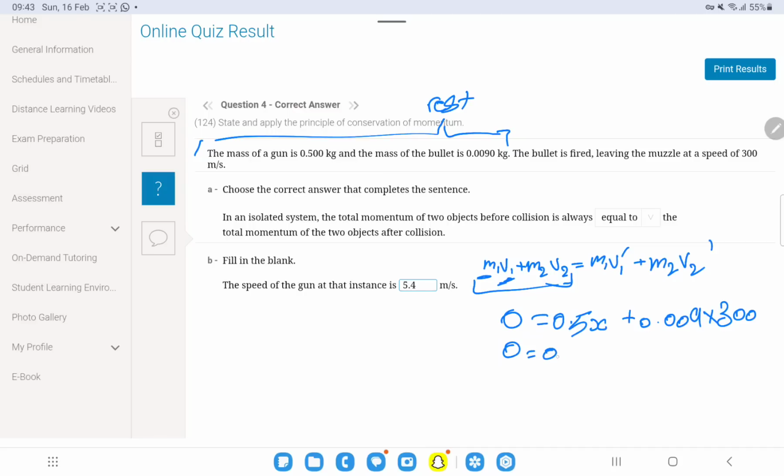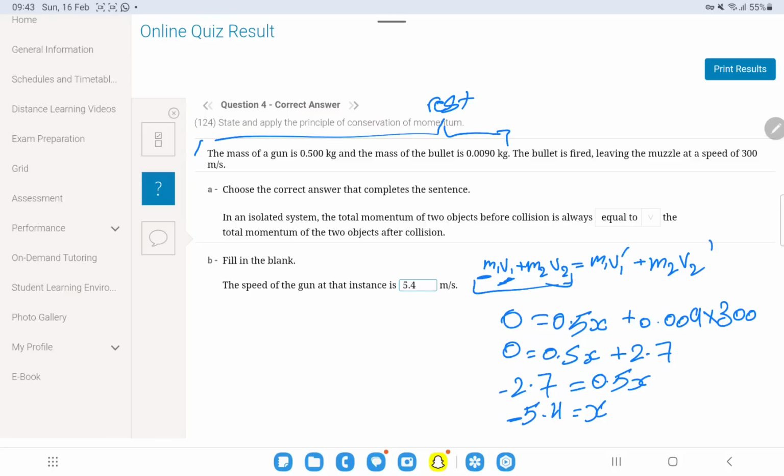So 0 equals 0.5x plus 0.009 times 300, which is 2.7. Minus 2.7 equals 0.5x. Minus 2.7 divided by 0.5 is minus 5.4 equals x.